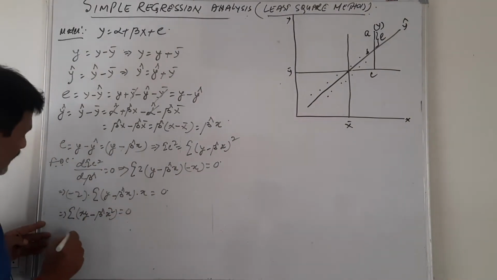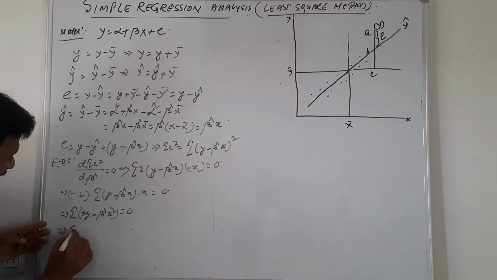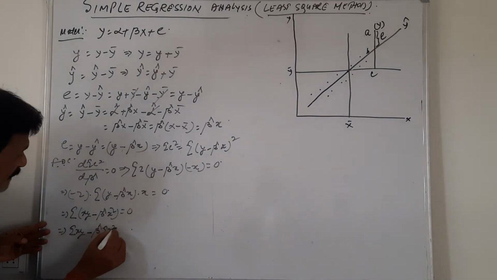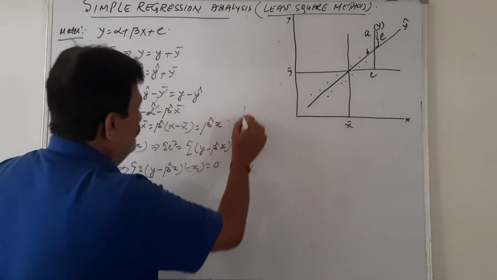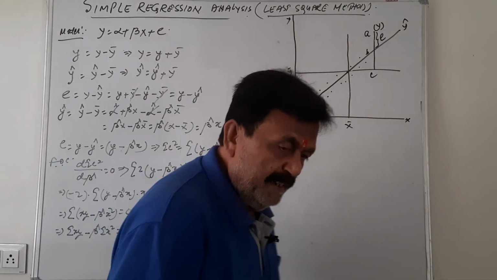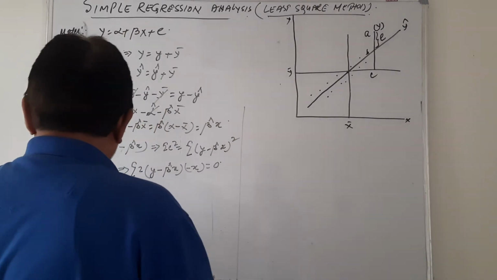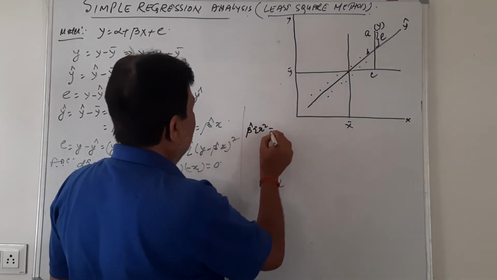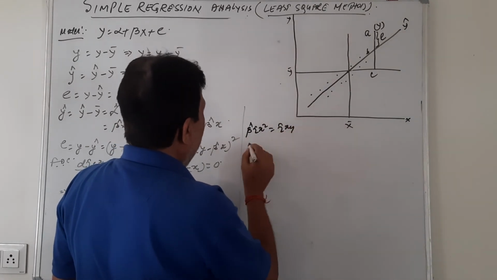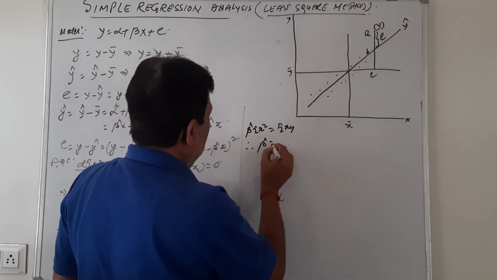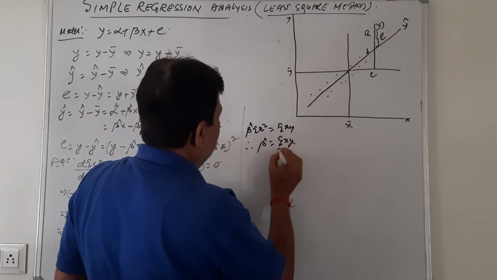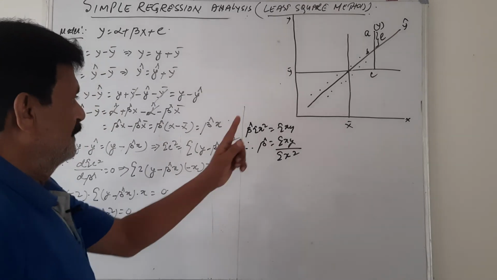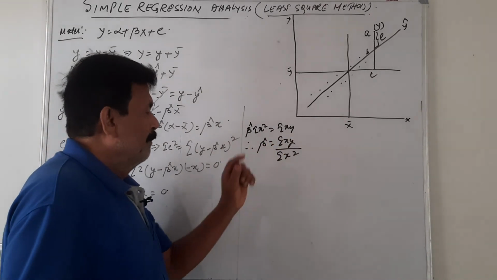Now let us separate these two terms. So this is summation xy minus beta cap summation x square equals 0. So this could be written as beta cap summation x square is summation xy, hence beta cap is summation xy by summation x square, all in deviated forms. This is small x, small y.